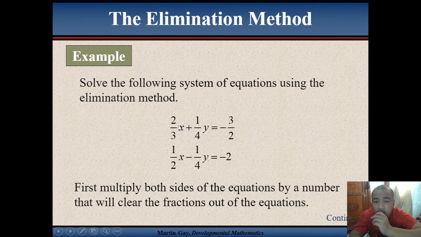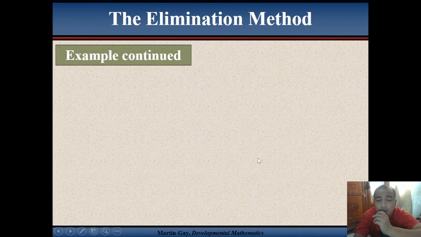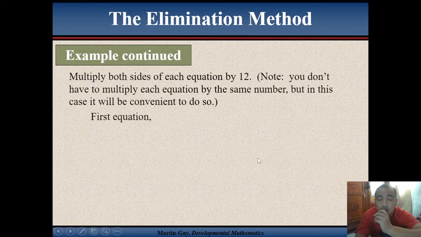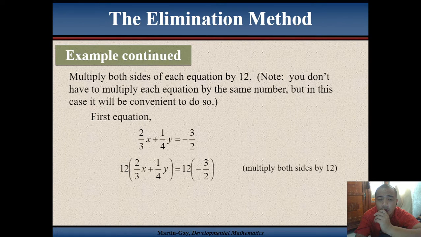Let us get rid of the denominators here. So what is the LCD for equation 1? 12, right? Here, 8. So multiply equation 1 by 12. It becomes 8x plus 3y equals negative 18.